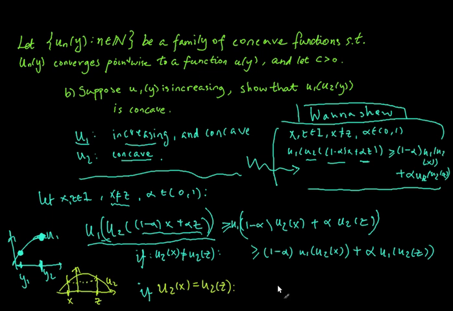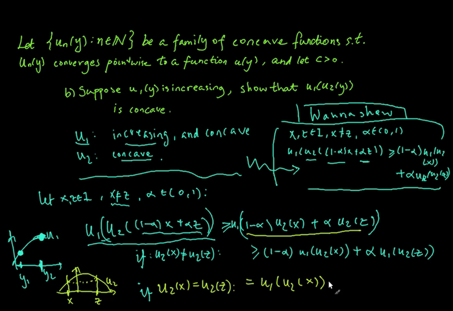But if this should happen, then we can note that all of what is inside here just evaluates to u2 of x. So this thing would be equal to u1 of u2 of x.